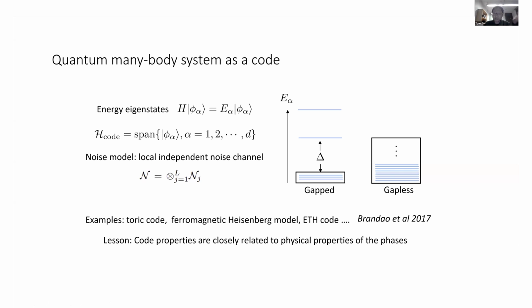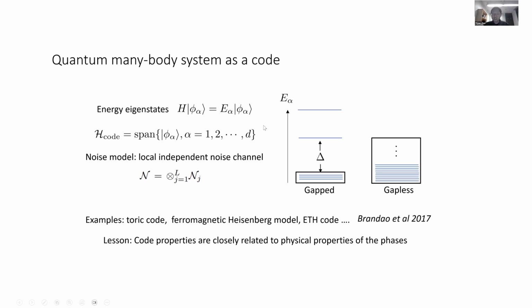For example, for the repetition code, you just take your Hamiltonian as X_i X_{i+1}, and then the ground space is just a 2-dimensional subspace, which is the repetition code. So for the gapped case, you just choose the lowest energies. There's no ambiguity. But for gapless systems, there is a little bit of ambiguity, because many eigenstates collapse into the same energy in the thermodynamic limit.